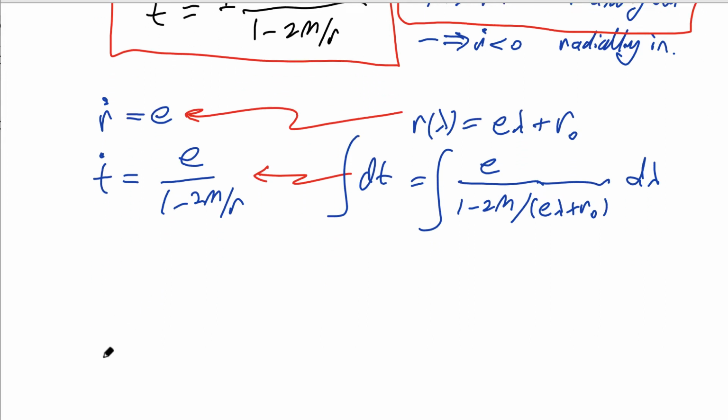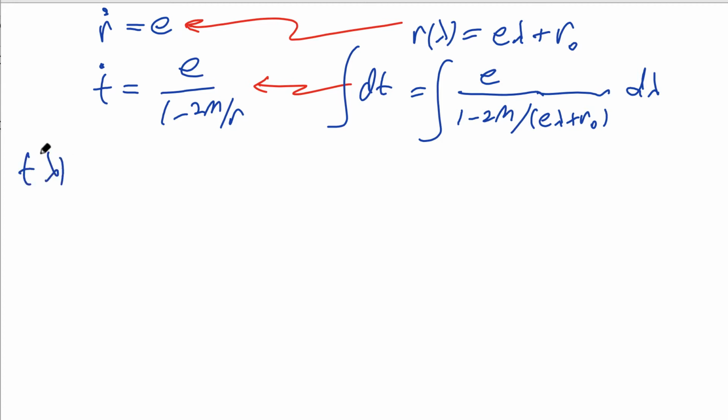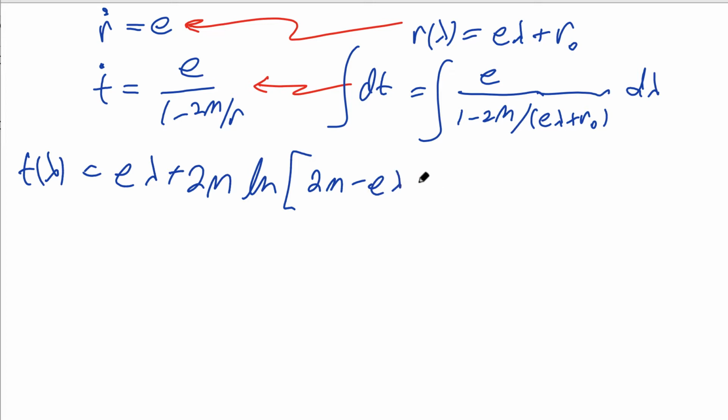The result is t of lambda equals e times lambda plus 2m times log of 2m minus e lambda minus r naught, plus, of course, an integration constant. And the integration constant just determines the value of t when lambda is equal to 0. And really, we can pick that to be any t value we like, because remember that Schwarzschild spacetime is static, which means that each t equal constant slice is equivalent to every other t equal constant slice.